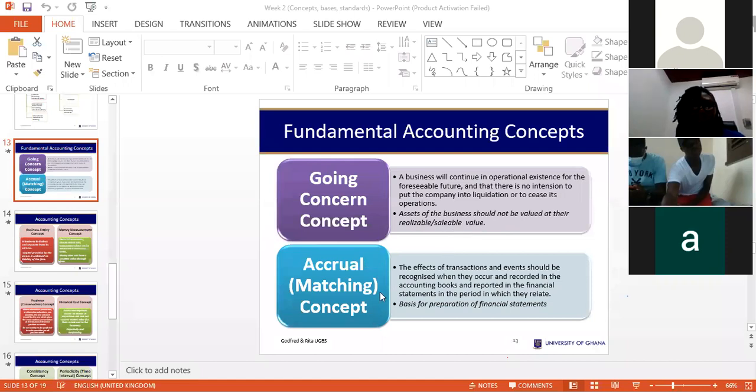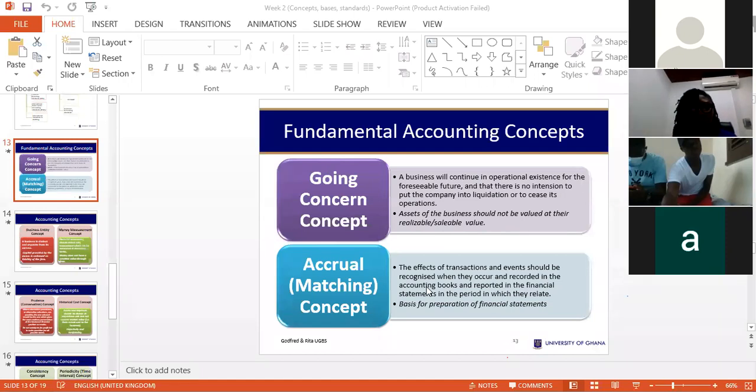The other assumption is that transactions and events should be recognized and recorded immediately they occur in the period in which they belong. So you cannot have transactions relating to January and keep it till next year, January.